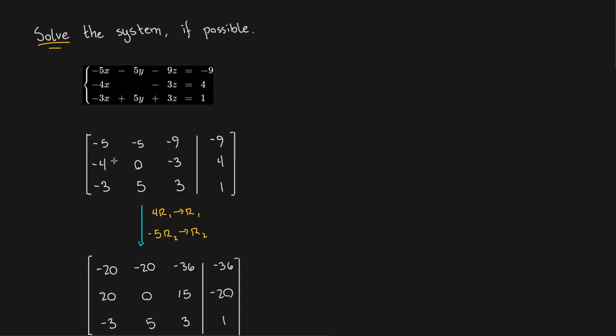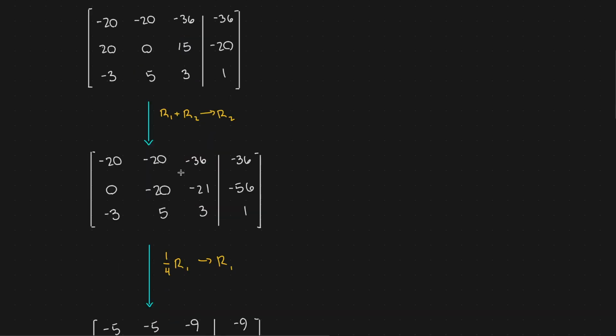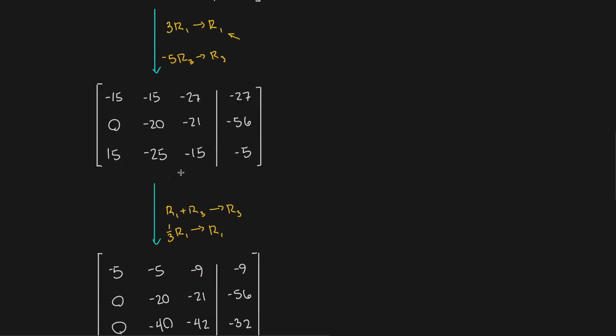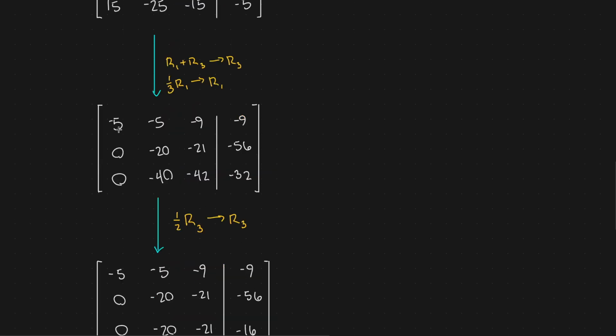The idea is you go column by column. For each column, you find your leading entry, and you use that leading entry to get zeros below it. Once you do that, you go to the next column. So we did that, and where was it? Right there. We had our leading entry, we had zeros below it. Once we're there, we go to the next column.